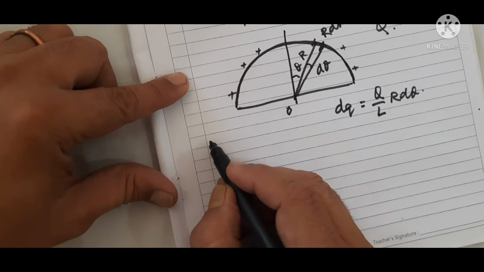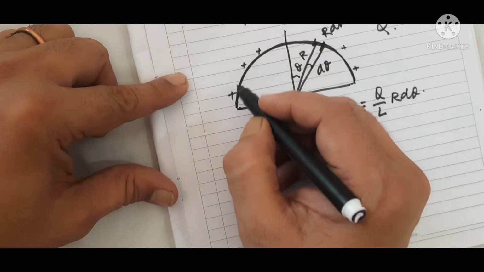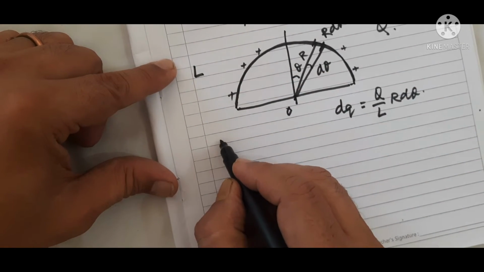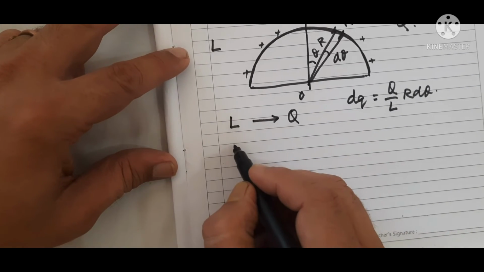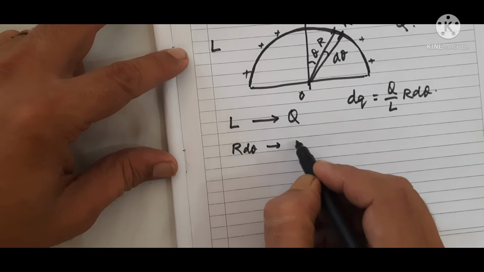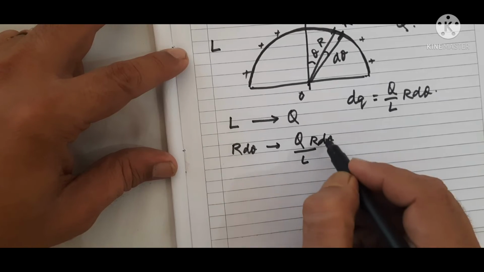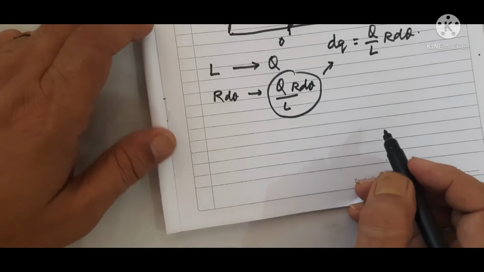We know if the length is L, we are assuming this, however the pi r length is there, when L is the length, charge is q. When r d theta is the length, the charge will be q r d theta by L. That is your dq, right?